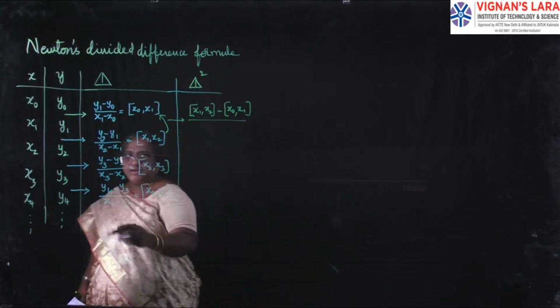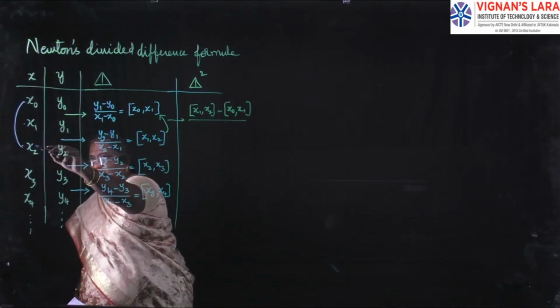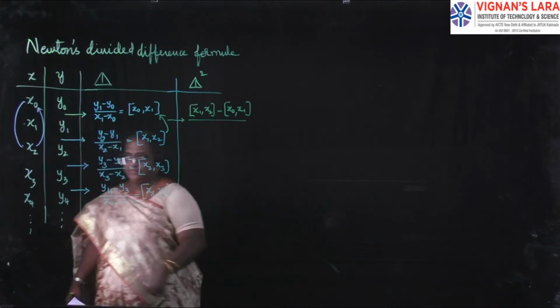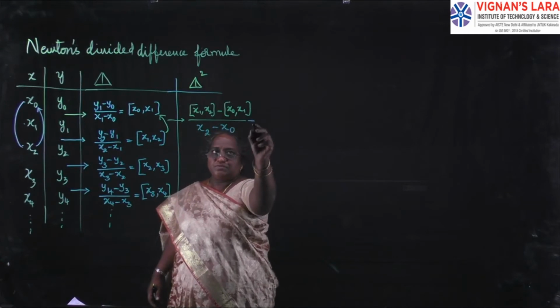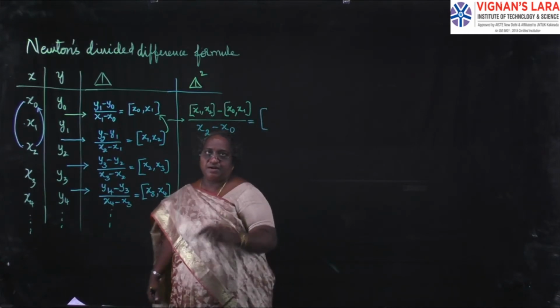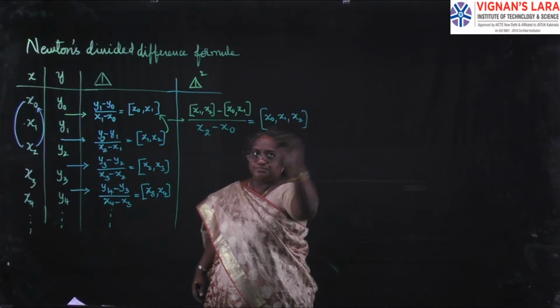We have to take three at a time: 1, 2, 3, meaning x2 minus x0. So this we call the second divided difference of x0, x1, x2.